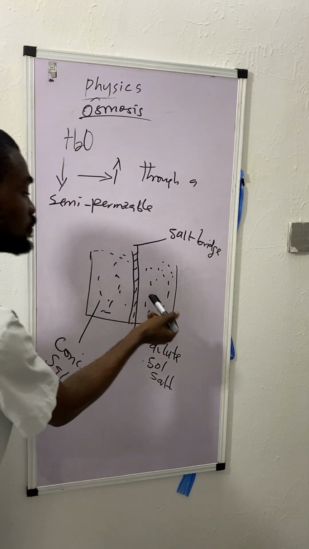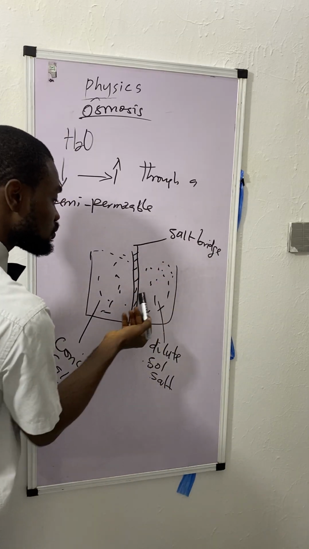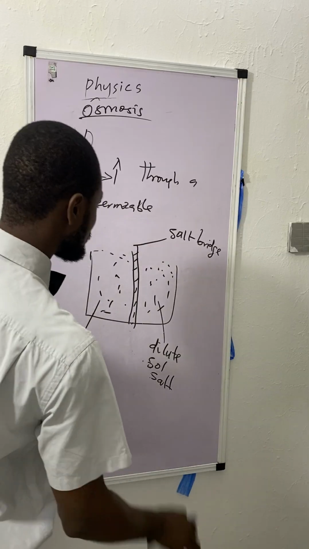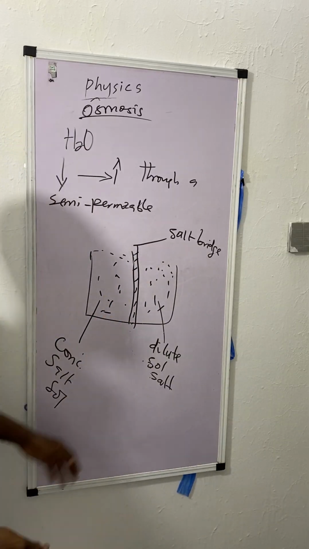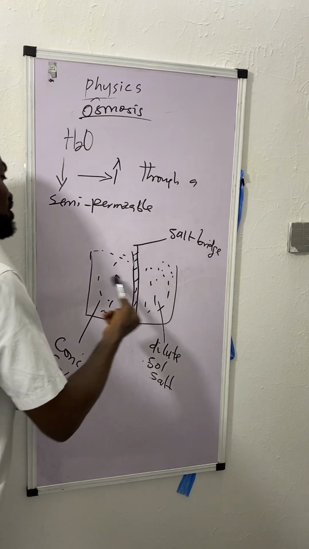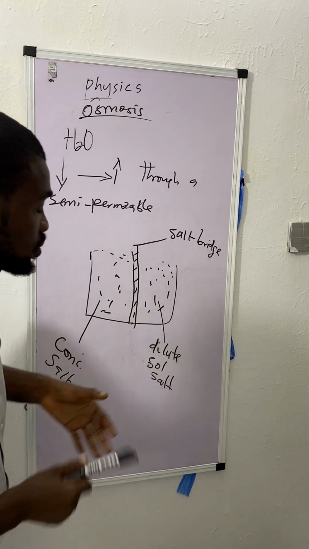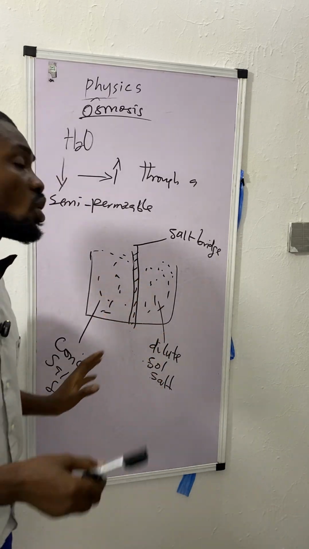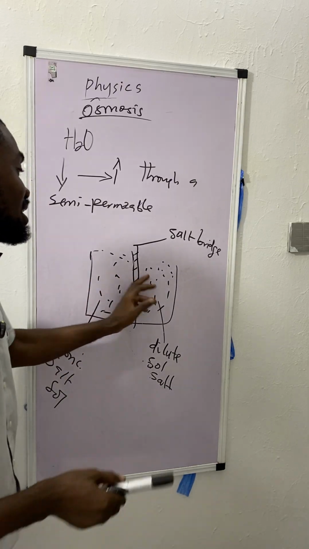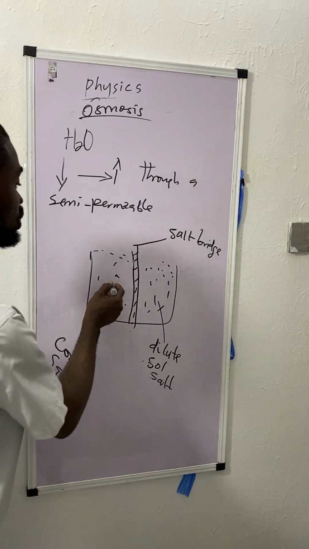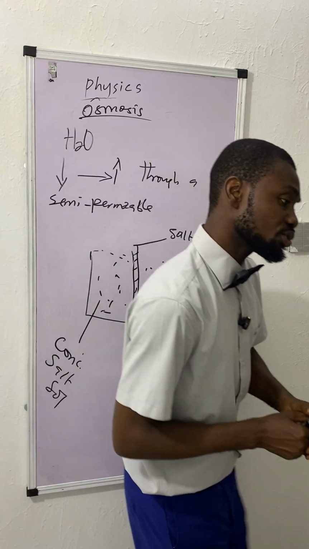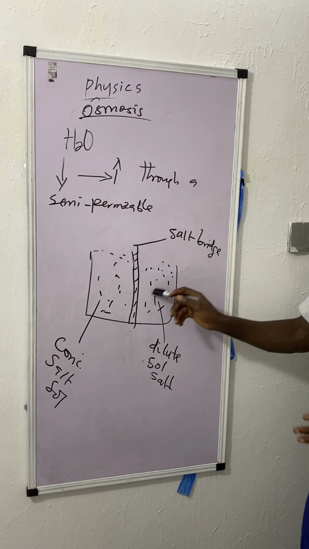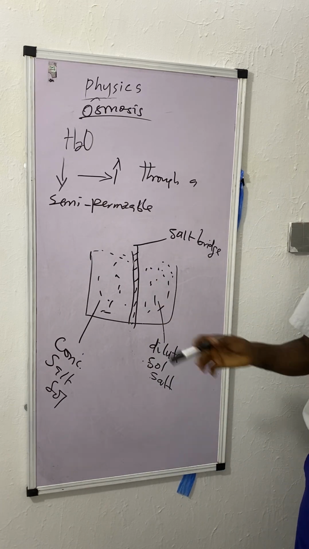So water molecules will flow through the semi-permeable membrane, leaving the salt molecules behind. The movement continues until there is a balance in concentration on both sides. The process whereby water molecules move like this is known as osmosis.